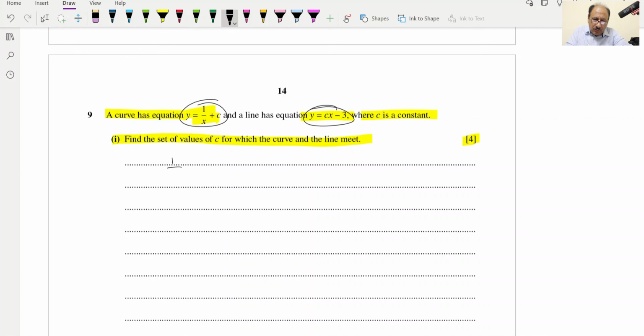We will be equating 1 over x plus c equal to cx minus 3. We can multiply the whole equation by x, so we'll get 1 plus cx is equal to cx squared minus 3x, and we can shift everything to one side, so we can write cx squared minus 3x minus cx, and basically minus 1, is equal to 0.